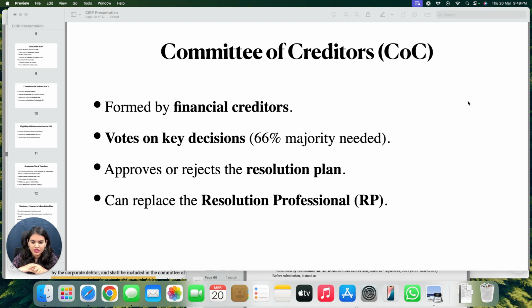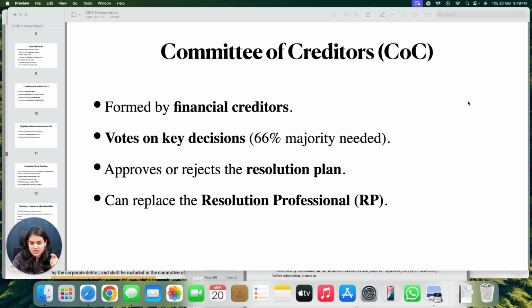The members of the committee of creditors may also replace the resolution professional himself. If for some reason they are not able to function with the resolution professional, or they have some issues, or if the resolution professional himself wishes to withdraw from the proceedings, then they may replace the resolution professional.